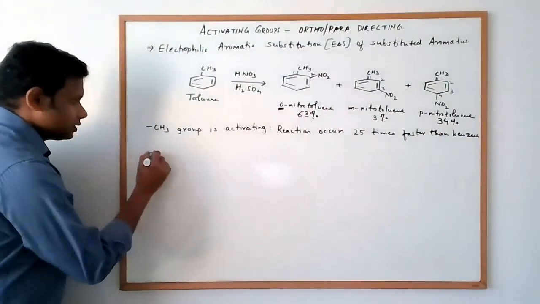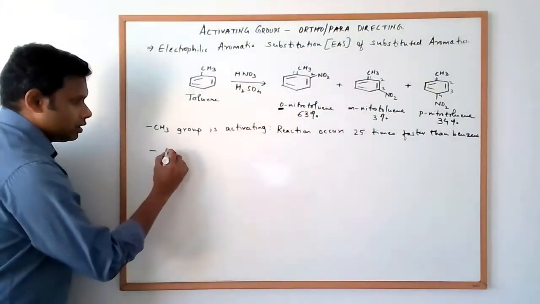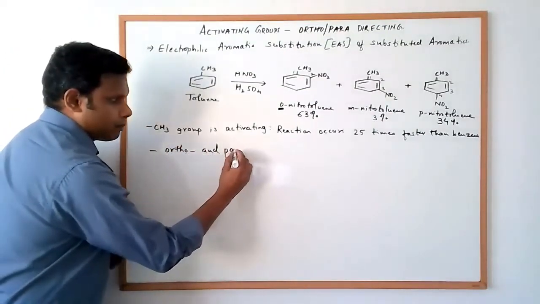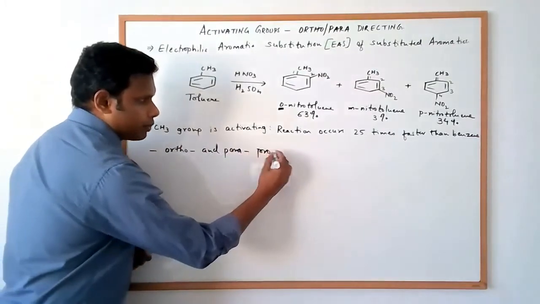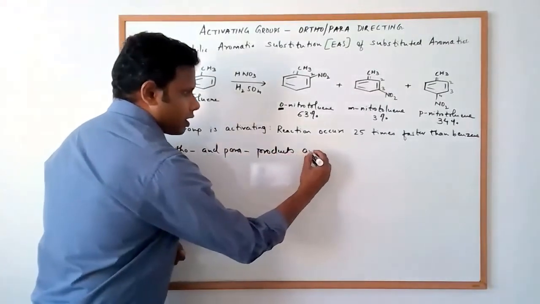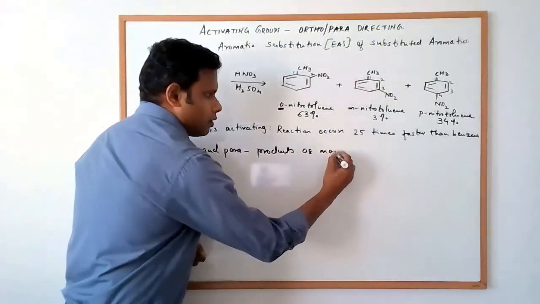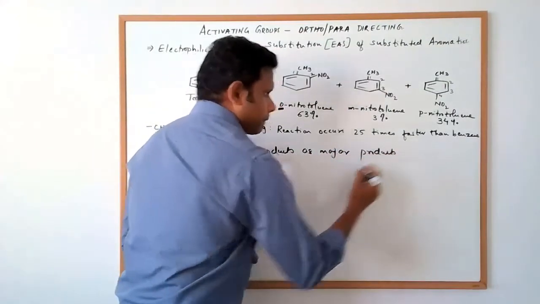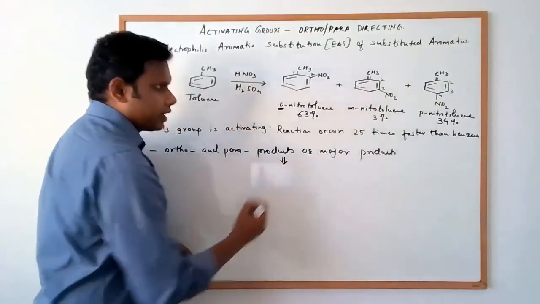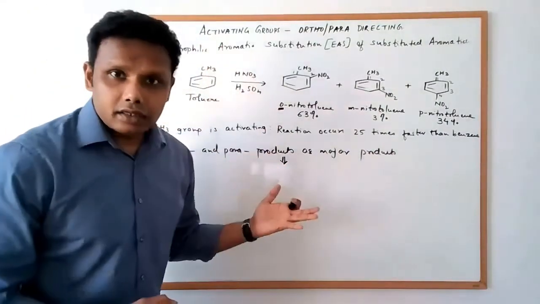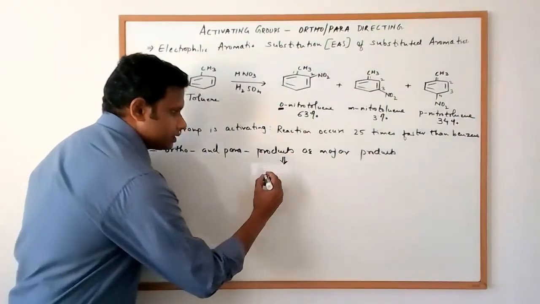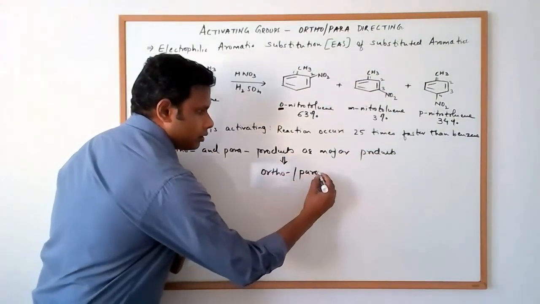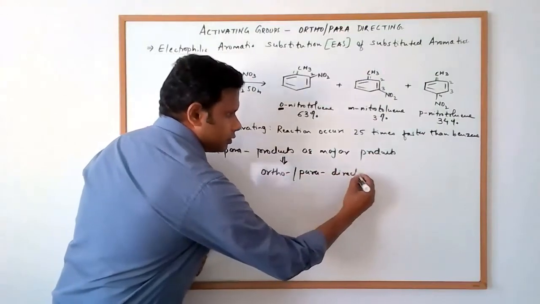Now, since we get the ortho and para products as major products here, we say that the alkyl group, or the methyl group, is ortho-para directing.